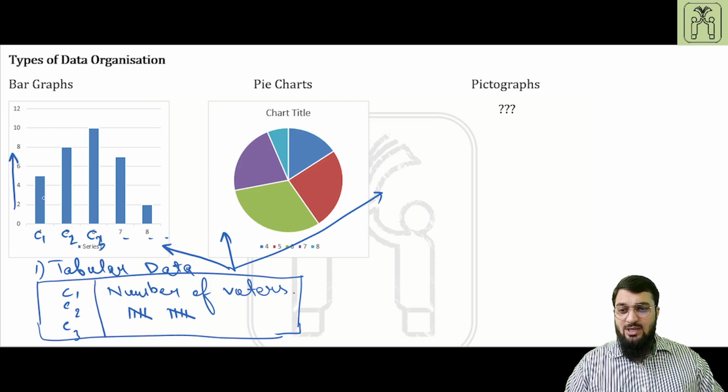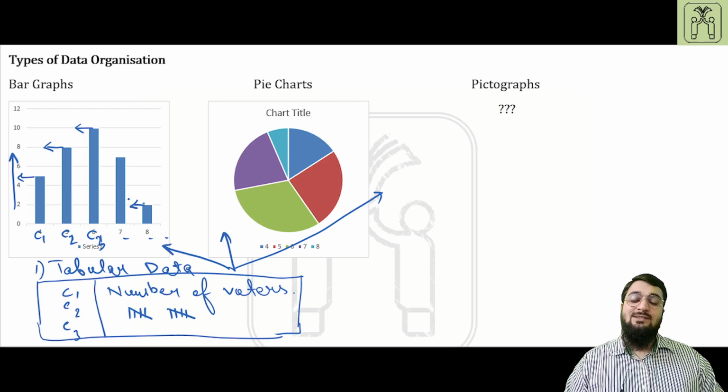So here you can see that choice 1 has got a total of 5 votes. Choice 2, on the other hand, has got a total of 8 votes. And choice 3 has got the maximum number of 10 votes, and the least number of votes has been received by choice 5. So this is how we make a bar graph.